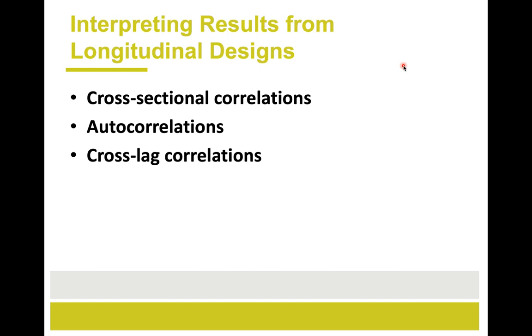And looking at things over time can actually help us approximate causation through the sort of interaction of three different types of correlations: cross-sectional, which we can think of as just like a normal correlation, autocorrelations, and cross-lag correlations. So we're going to take each of these in turn.